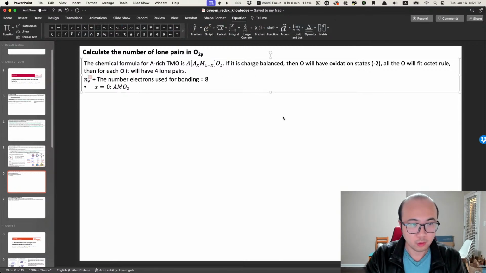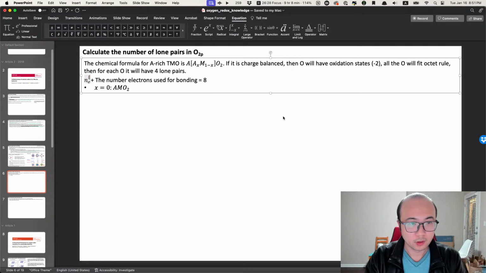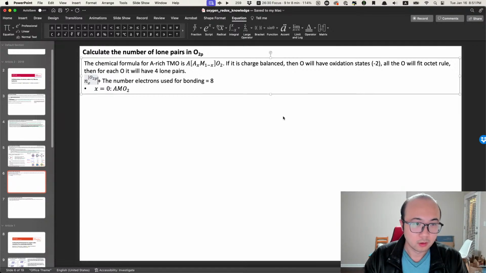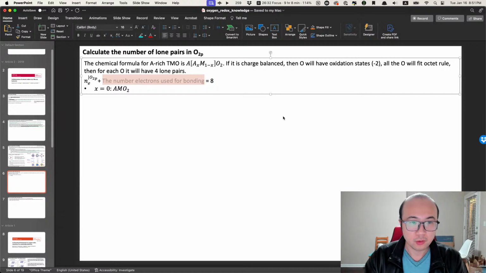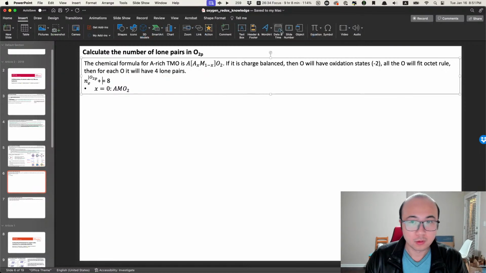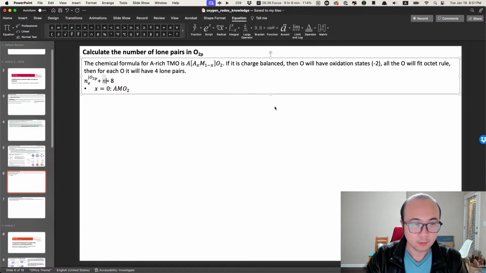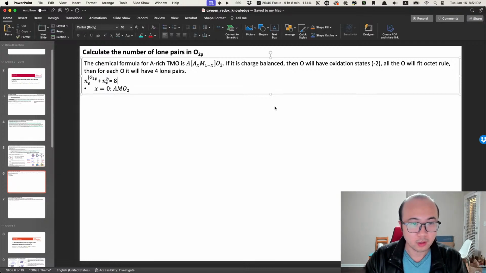An electron plus electron bonding equals 8.